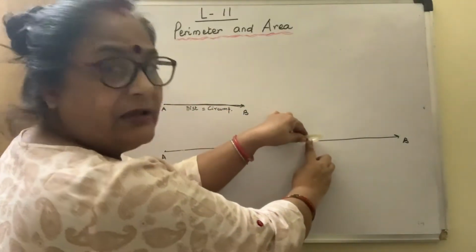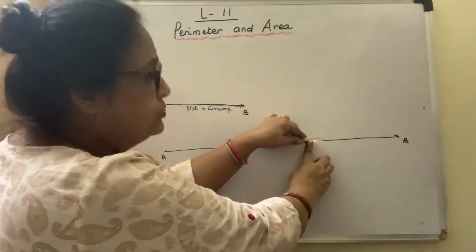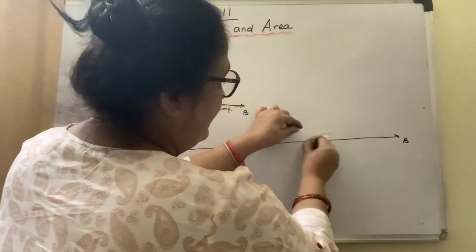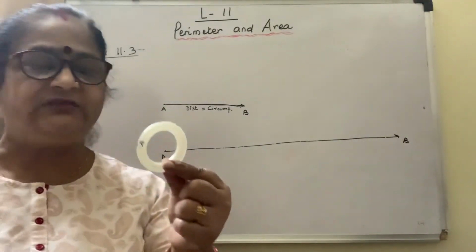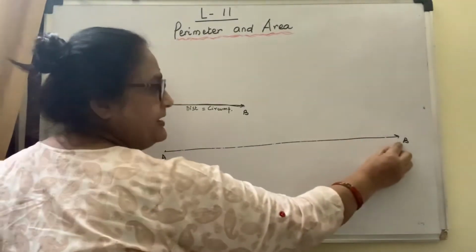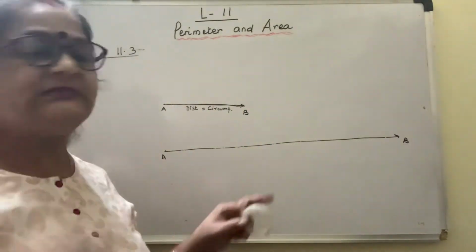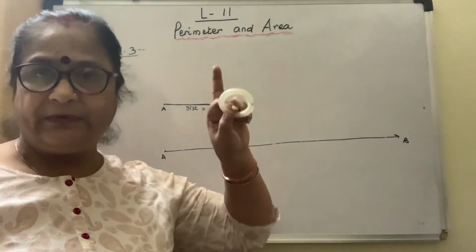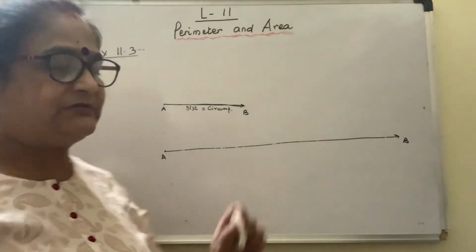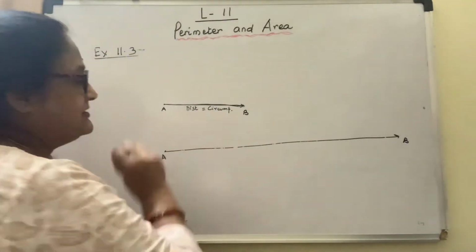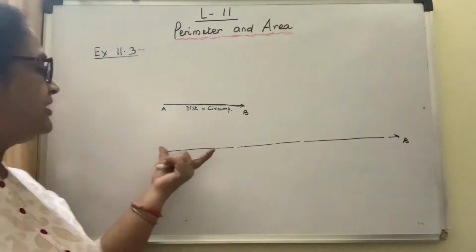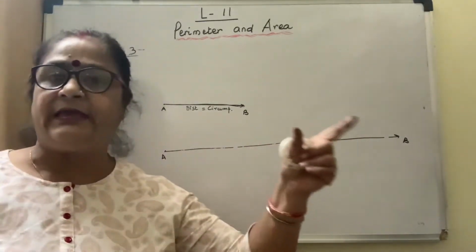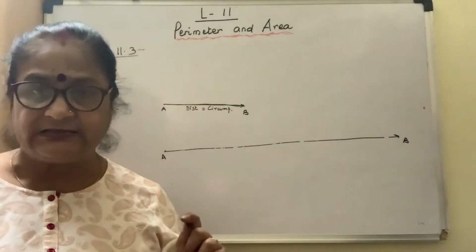That's rotation number 2, or 2 circumferences of the same wheel. Again it moves and reaches here. So this wheel, from A to B, is rotating 3 times to reach B, because every time a certain circumference is covered, then another circumference is covered, then another.